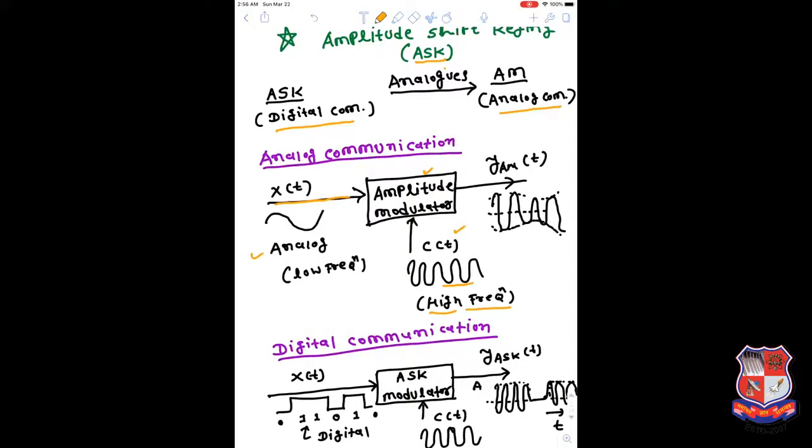Both signals X of t and C of t are modulated in this amplitude modulator, and finally the output signal is produced as Y AM of t, which is also analog in nature. So in analog communication, the input X of t is analog, and the output produced at the modulator is also analog. The envelope of Y AM of t is directly proportional to the applied input signal X of t at the amplitude modulator.